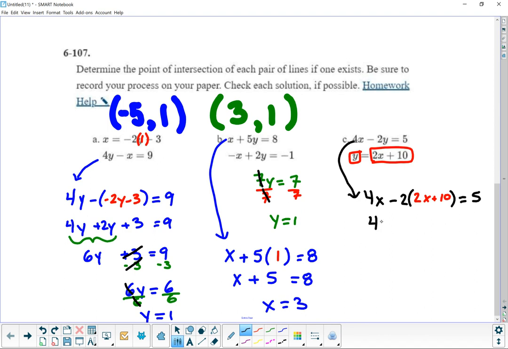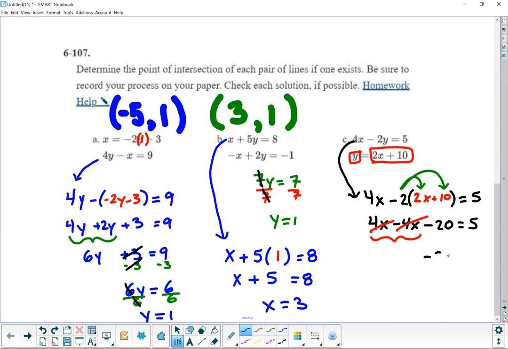So you're going to copy it, 4x, and you're going to do a little bit of work. You take this negative 2 and multiply here and multiply here. So negative 2 times 2x is negative 4x. Negative 2 times positive 10 is negative 20 equals 5. Okay, combine these right here. 4x minus 4x is 0x, or just goes away.